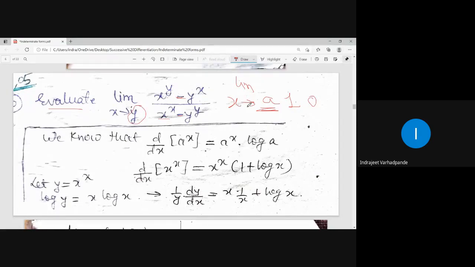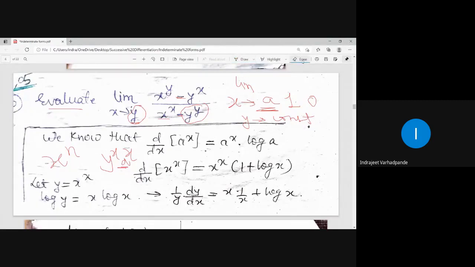So whenever I am calculating the limit as x tends to y, y over here will be a constant term and x will be variable. So x to the power y means x to the power n, because y is constant. y to the power x is compared with a to the power x, because y is playing the role of a constant quantity, and y to the power y is completely constant.